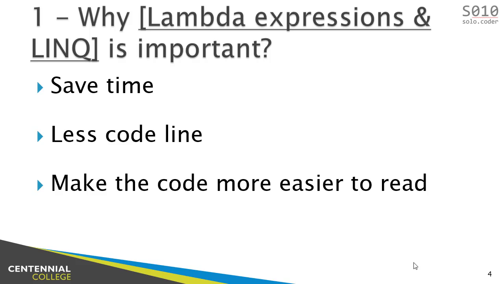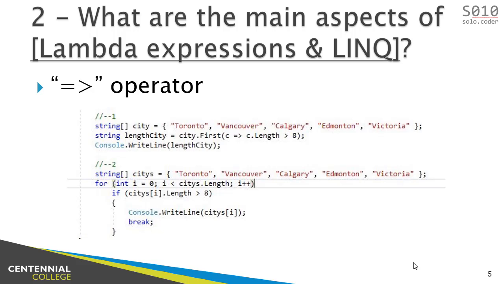For why it's important, I think the first reason is that we can save time, the second is less lines of code, and the last is that it makes the code easier to understand. I will expand on this one, which we can call the goes-to operator, and this is the same function.